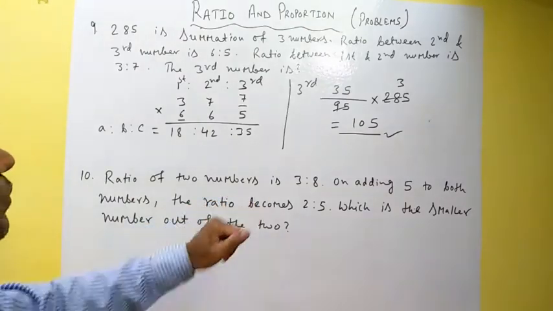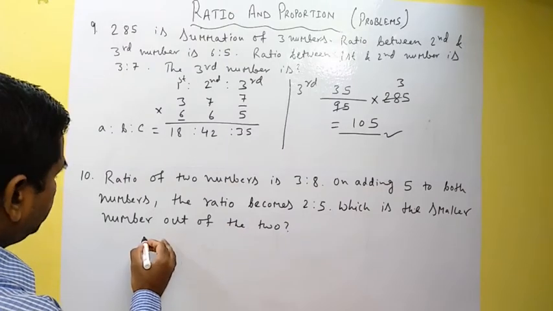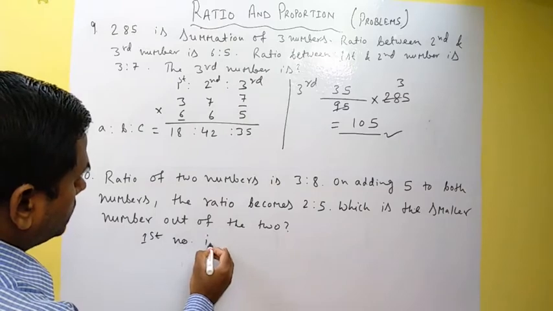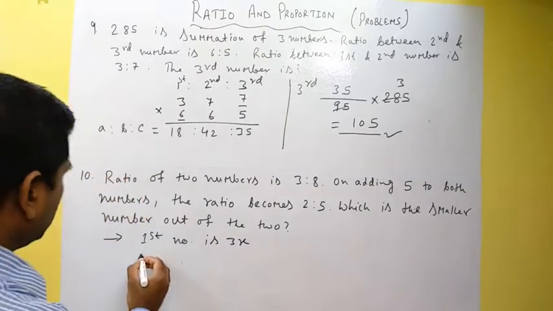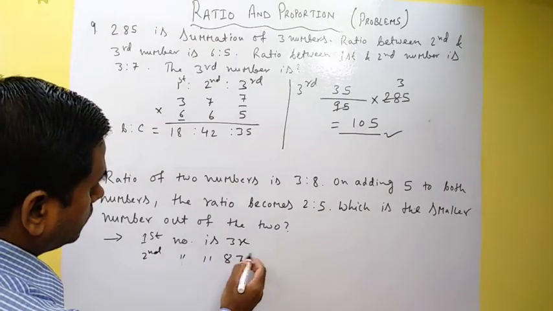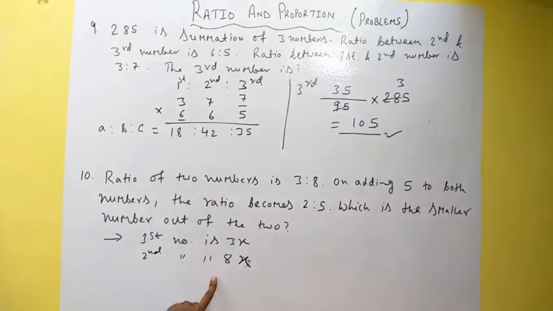So the ratio of two numbers is 3:8. So what we can assume here is, let's say the first number is 3x and the second number is 8x. So these are the numbers.